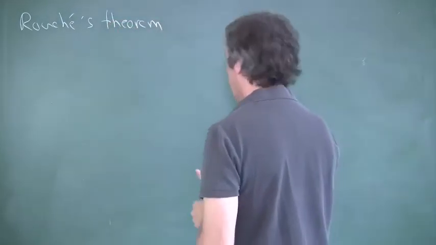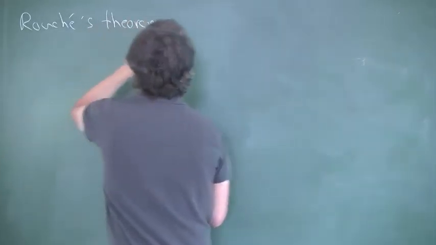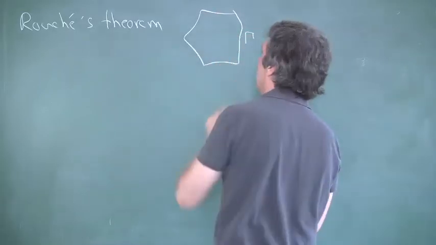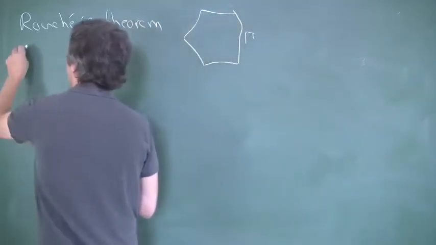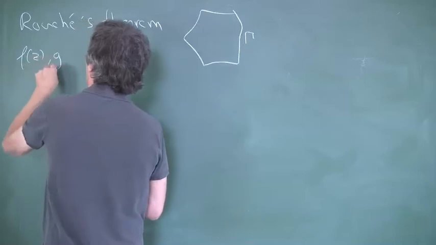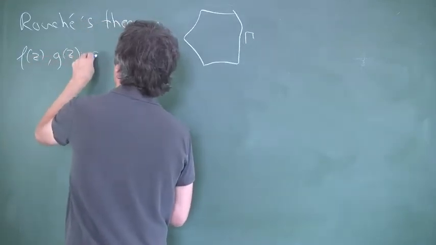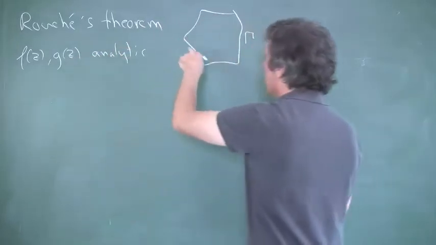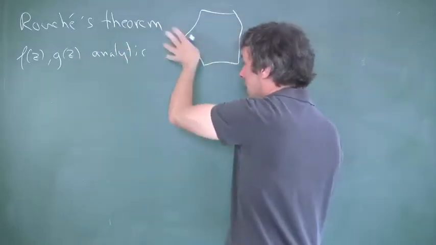The Rouche theorem starts with: we consider a closed contour here, gamma, and then we have two functions, f of z and g of z, which are analytic on the contour gamma and inside it.